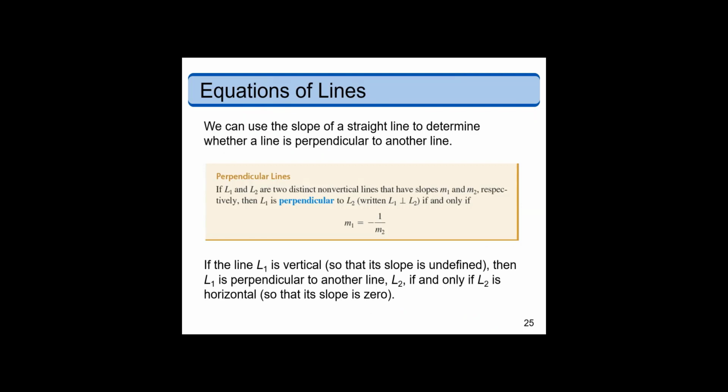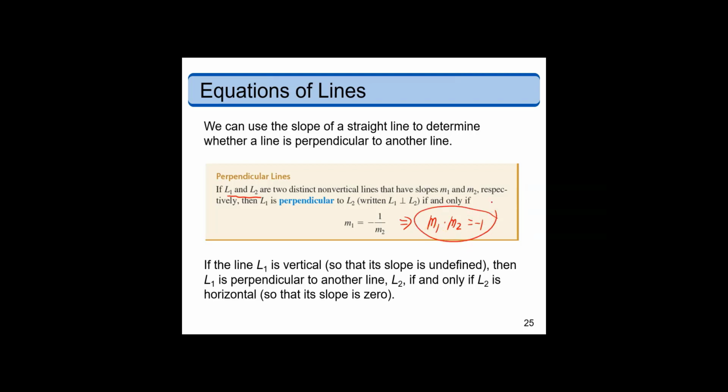Now, we already talked about parallel lines. Another special case is perpendicular lines. If two lines L1 and L2 are perpendicular to each other, then the slope of line number 1 is equal to the negative reciprocal of the slope of line number 2. Also, you can write it as the product of those two slopes equal to negative 1, right?